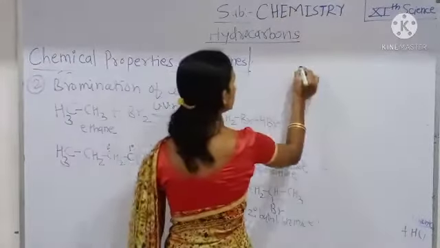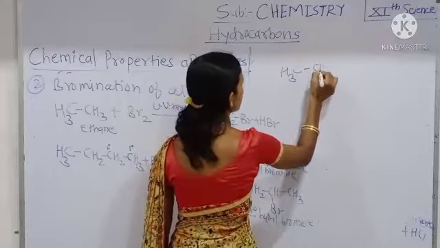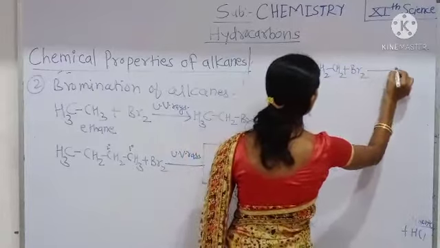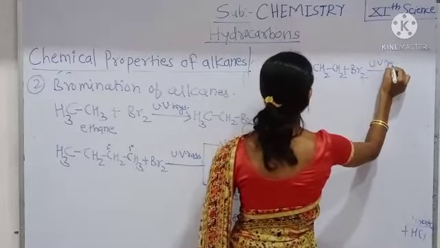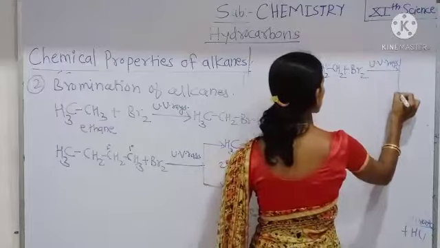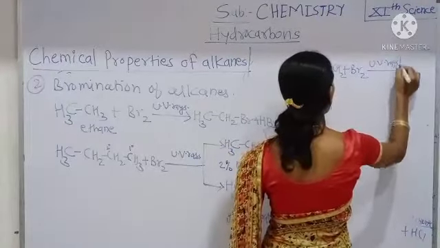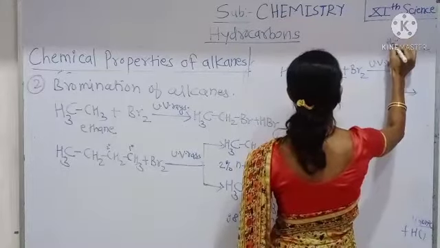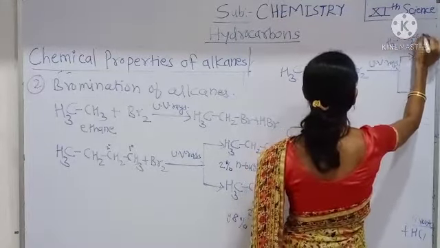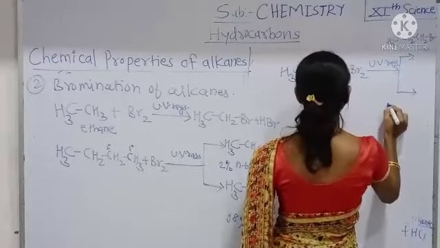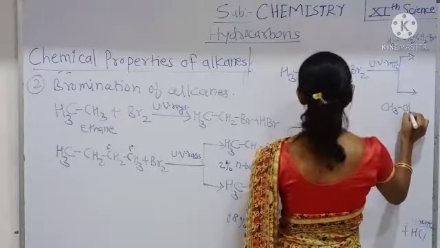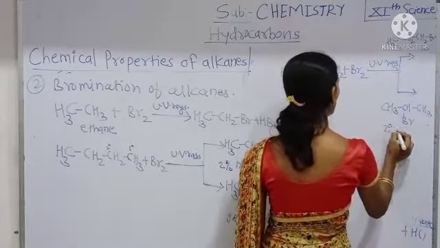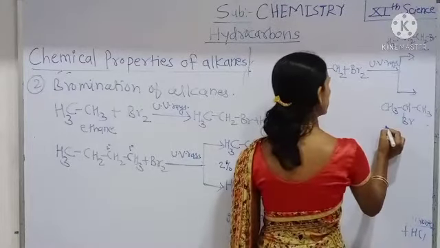Similarly, if propane undergoes bromination in the presence of UV rays, it gives two different alkyl halides, that is a primary alkyl halide and a secondary alkyl halide.